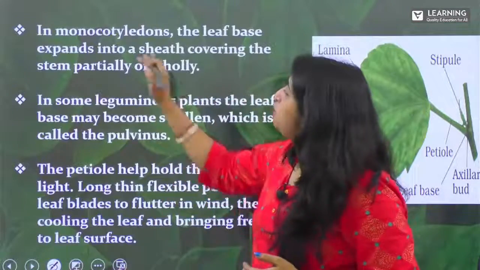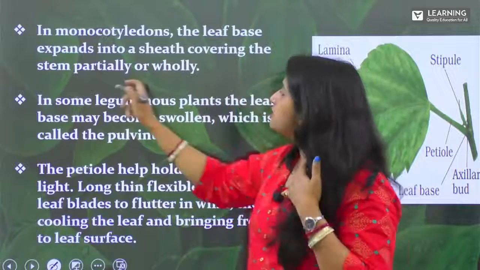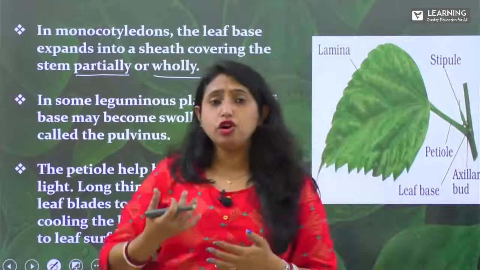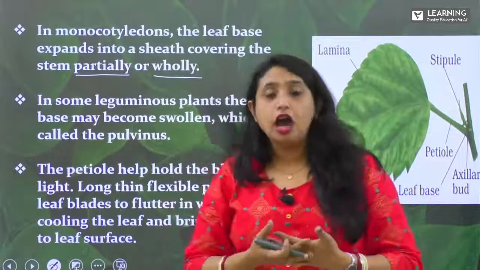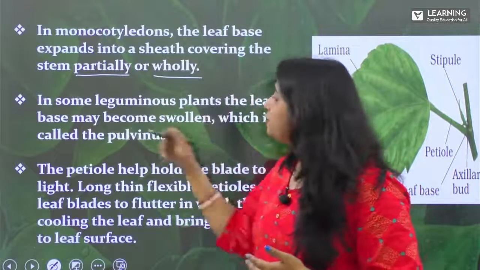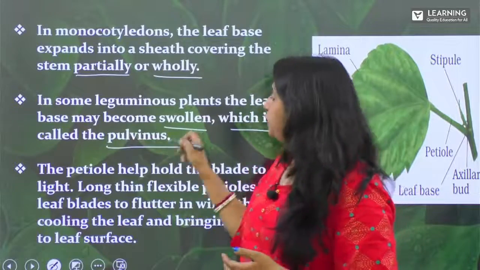In monocotyledons, the leaf base expands into a sheet covering the stem partially or wholly. So in case of monocots, the leaf base gets expanded partially or wholly. In some leguminous plants, the leaf base may become swollen, which is called the pulvinus.